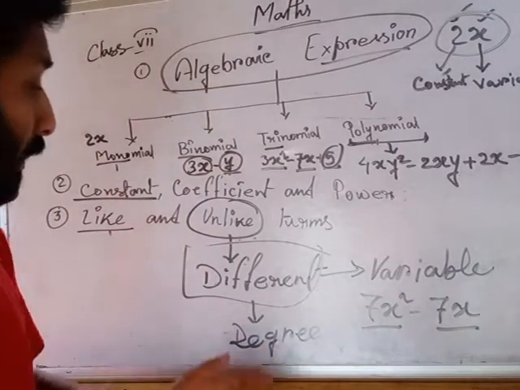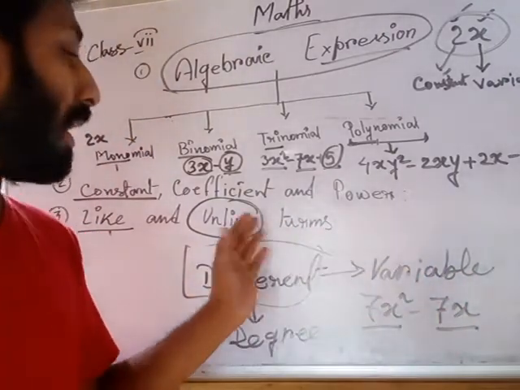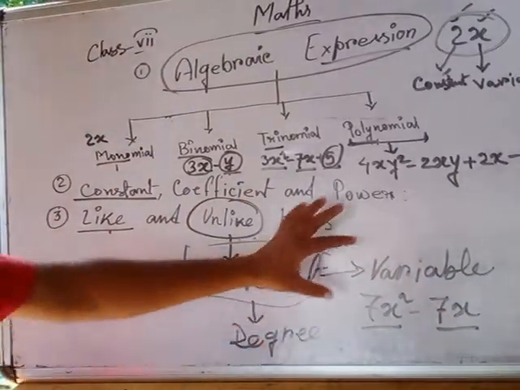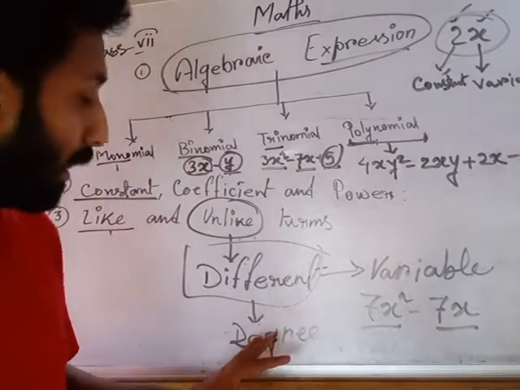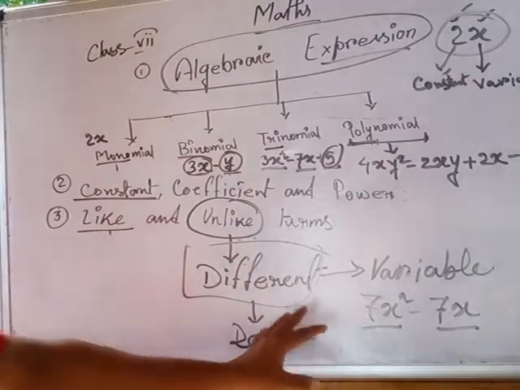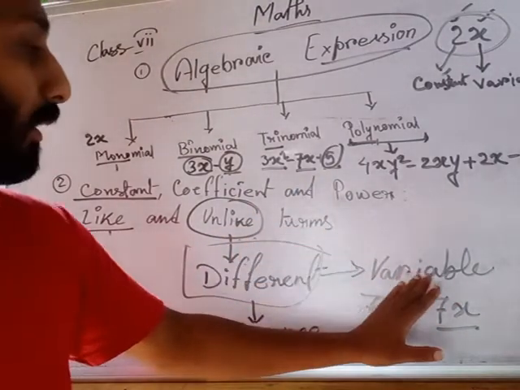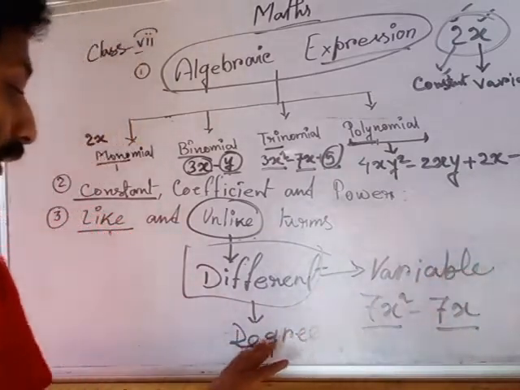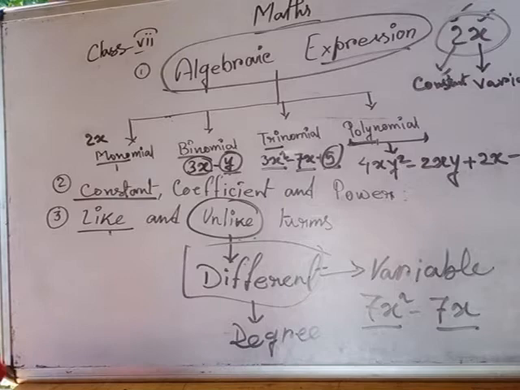So if the degree or the variable are different, at that time they are unlike terms. Not only the variable, not only the degree. If anything of this term is different, either their variable or their degrees, at that time that is called unlike terms.